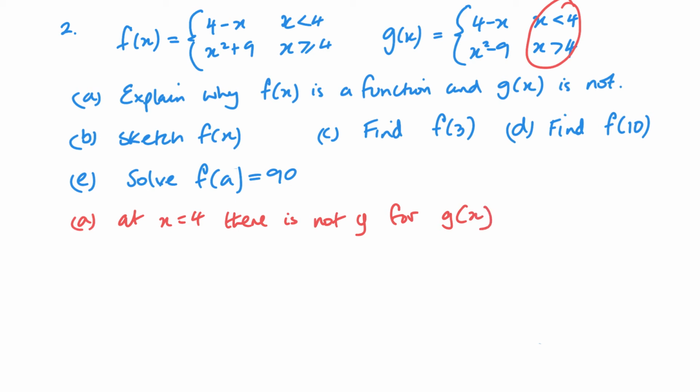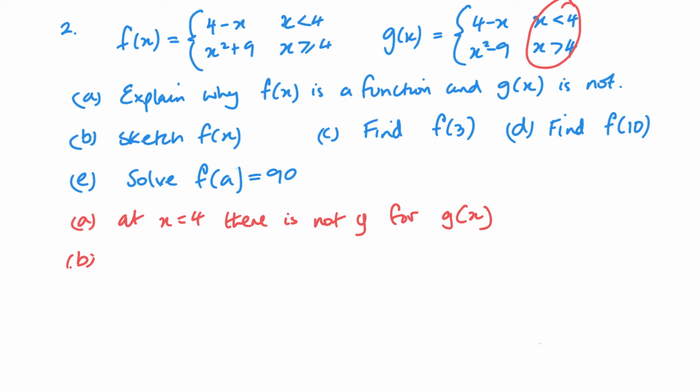What I'm doing is that there is no valid value for y when x equals 4. So on the domain when x is 4, there's no y because it doesn't exist. X equals 4 doesn't exist. I've got x is less than 4 and x is greater than 4. Although I'm not sure if this is a particularly great question, if I'm totally honest with you.